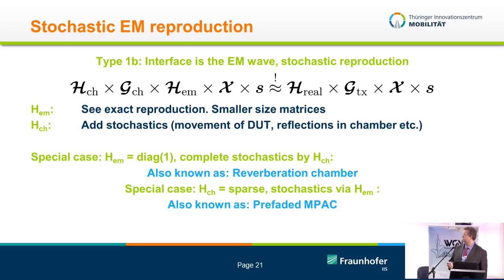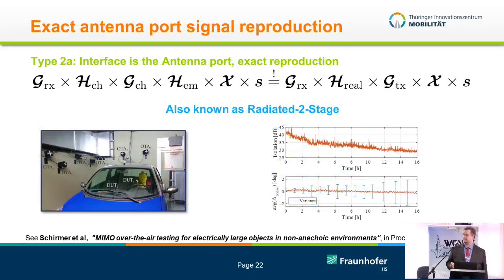Now, if we go to the type 2 setups, where we just want to make sure that after the antenna, both systems match. This is the wireless cable setup, and here this is a setting where we have removed all the absorbers from the chamber. So this is a car inside a chamber, and it's completely reflecting. And we've used the radiated two-stage method, where we use the channel emulator to compensate for all the reflections in the chamber.